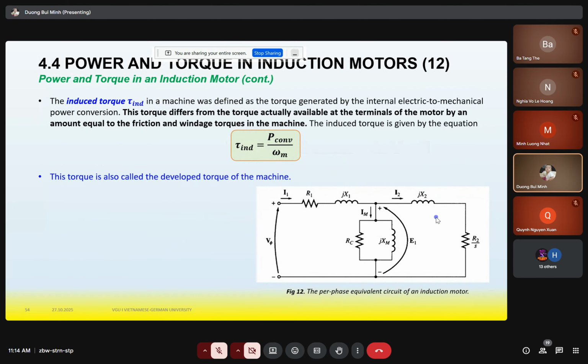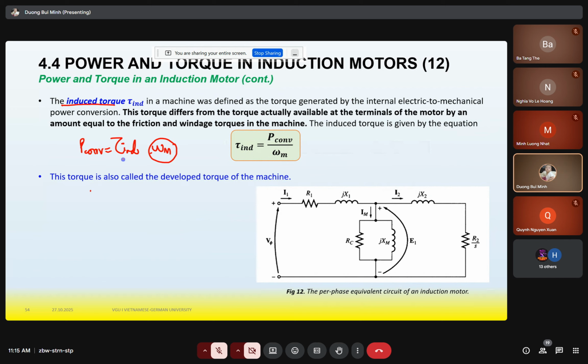Okay, so now we discuss how to calculate the induced torque. Yes, induced torque. So we have the formula, right? P_convert is induced torque times omega_m. Omega_m means the motor or rotor's angular speed, rotor angular frequency.